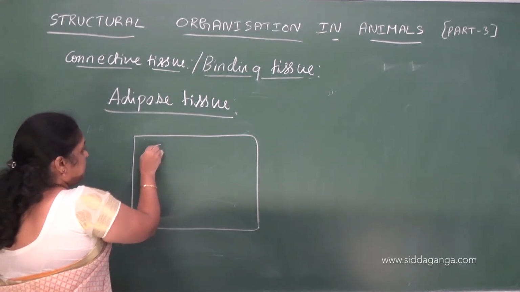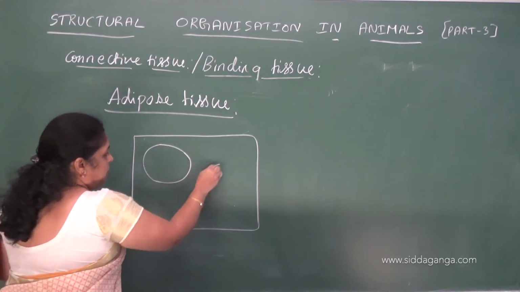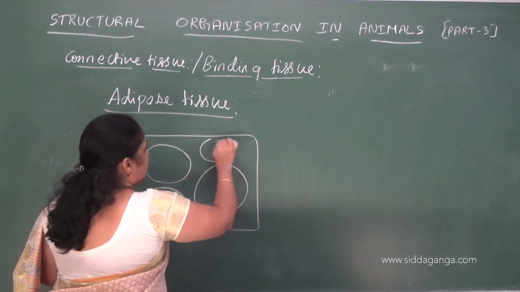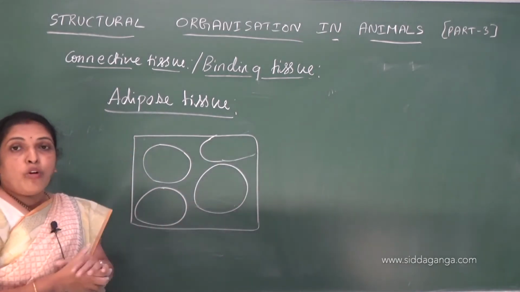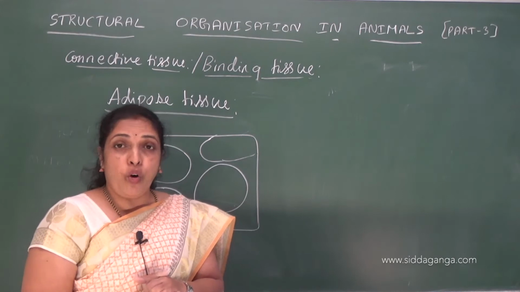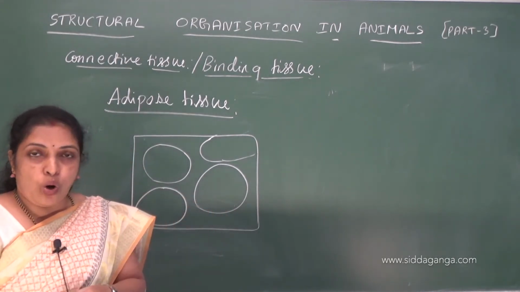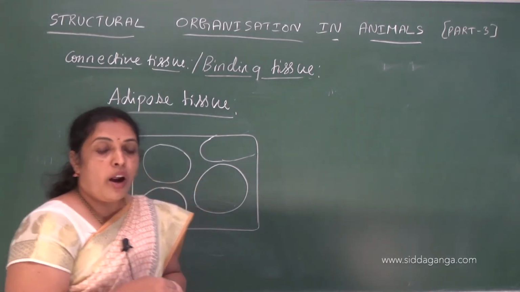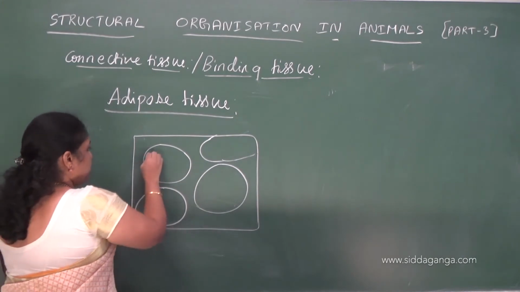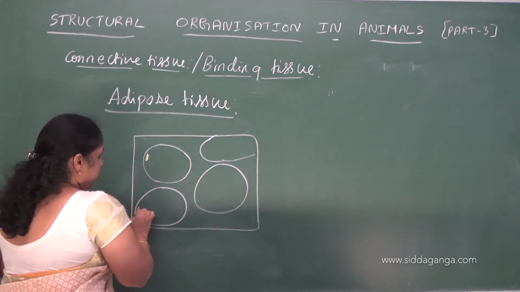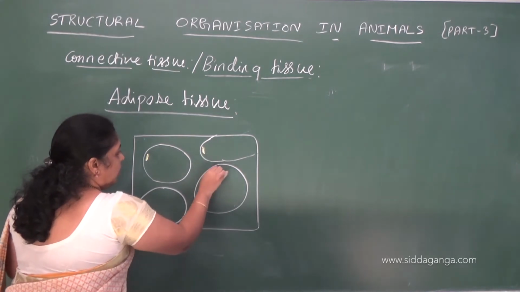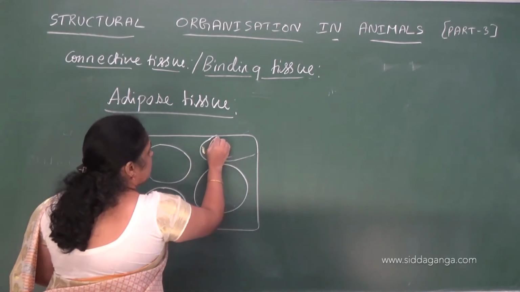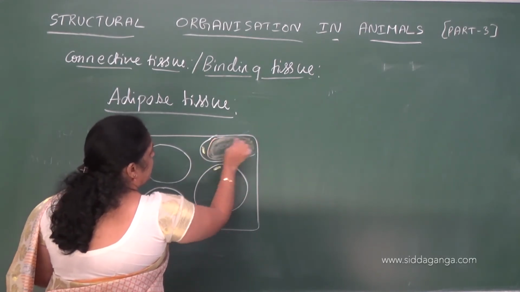In adipose tissue, the excess glucose we take in, when we eat more food, the unused glucose is converted into fat and stored in a tissue called adipose tissue. As the fats start accumulating, the nucleus is pushed towards the periphery.